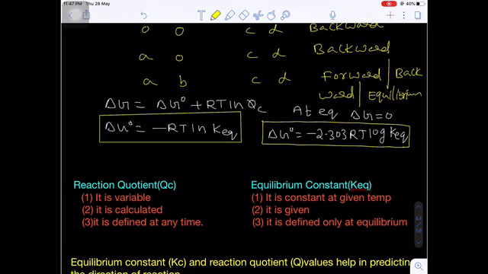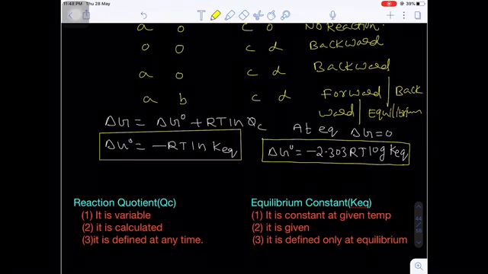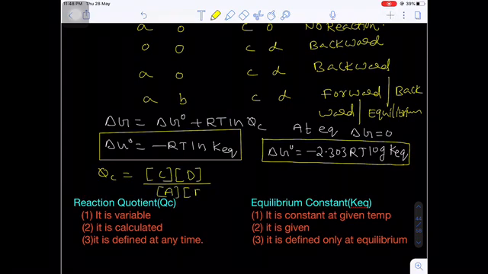Now here, for any reaction at equilibrium, we can write the same expression just like the equilibrium constant. I am writing the reaction coefficient Qc is equal to the concentration of the products divided by the concentration of the reactants. The same expression we can apply at the equilibrium condition also.